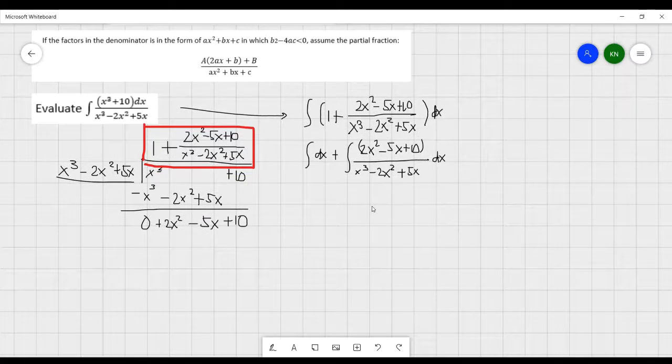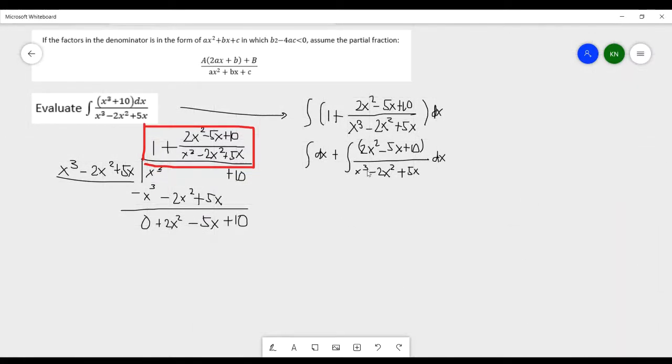Our denominator is still in the power of 3, so we can factor our denominator to come up with the proper form. We copy the numerator, 2x squared minus 5x plus 10, and for the denominator we factor out the x.